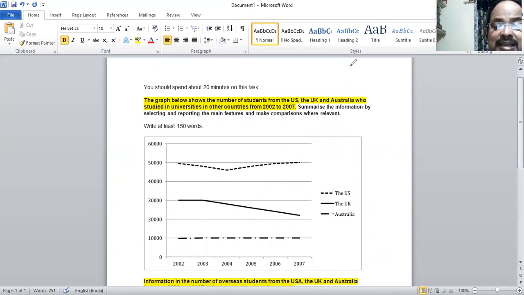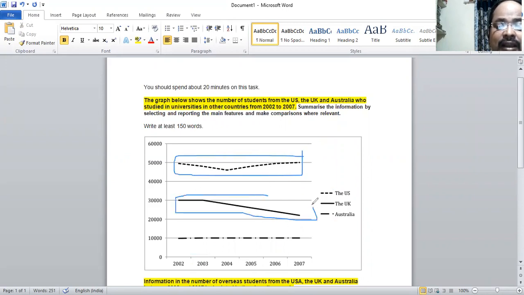What we can see is a change. We have changes in the case of the US, we have changes in the case of the UK, and we don't have a change in the case of Australia. So what we have here is a movement chart.